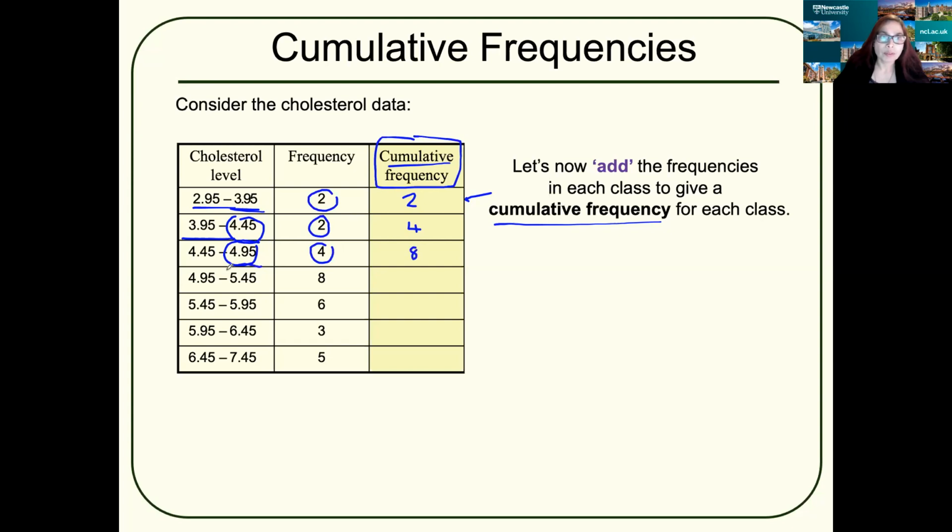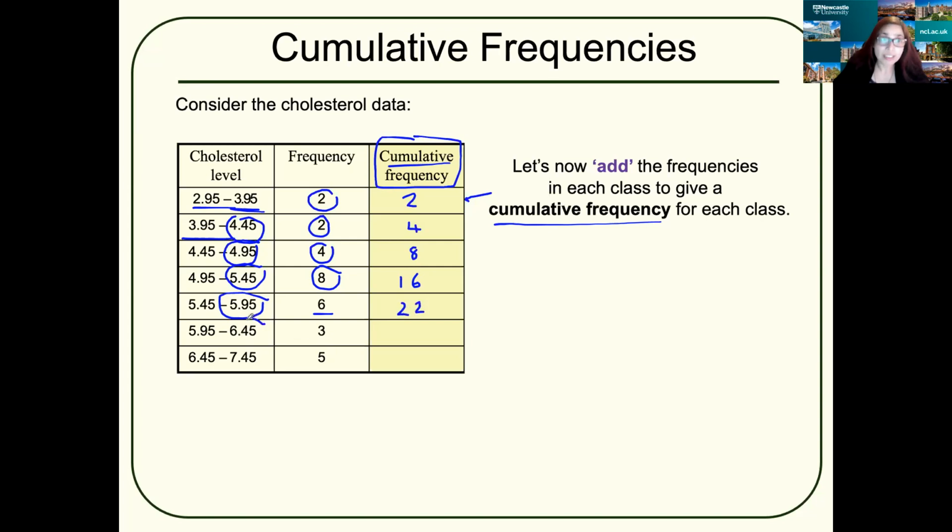Up to 5.45, we have 8 plus 8, 16 data. Then up till 5.95, we have 16 plus 6, so we have 22 data.